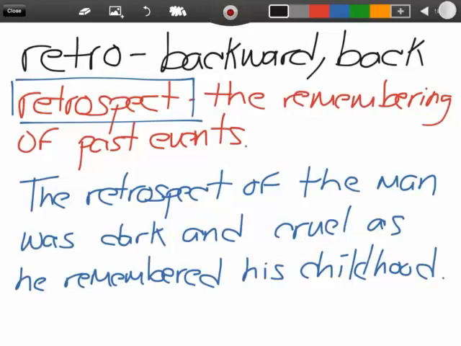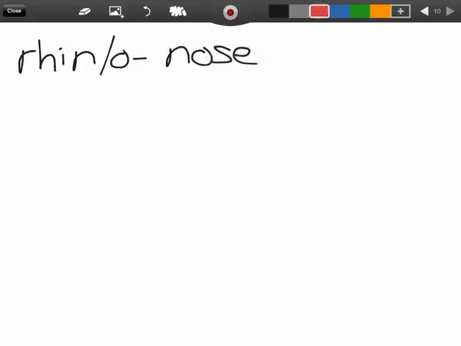Moving on to our last root, which is rhino, meaning nose. And I'm going to go ahead and give you an example. And that is rhinoceros.